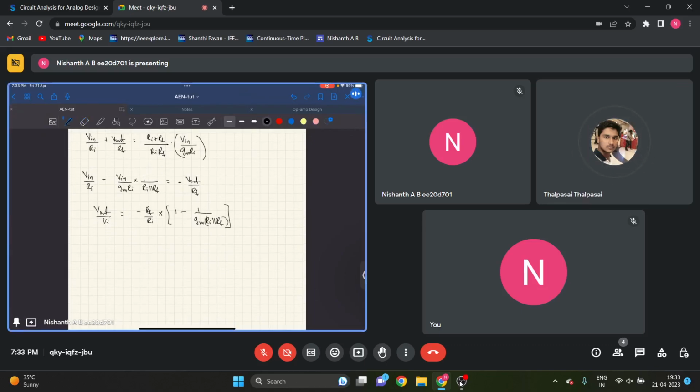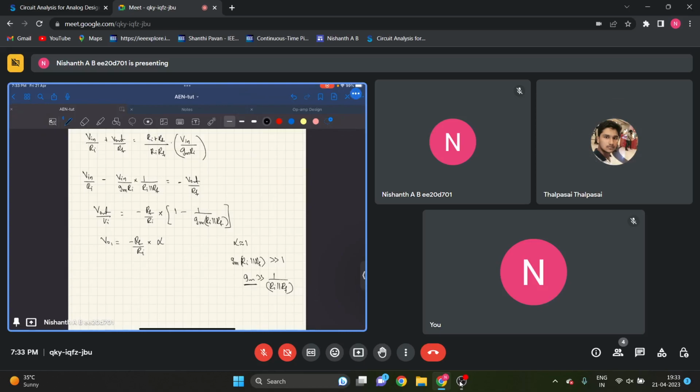So basically, Vout1 is minus Rf by Ri into some small factor alpha, which is very, very close to 1, right? If alpha has to be close to 1, what does that mean? Gm into Ri parallel Rf should be greater than 1, which implies Gm should be greater than 1 by Ri parallel Rf, correct? So you got one condition for Gm.